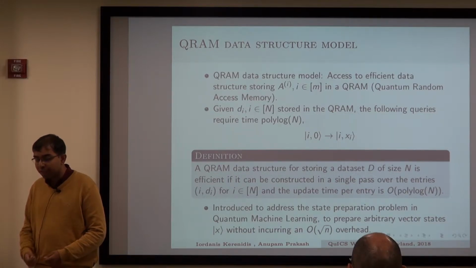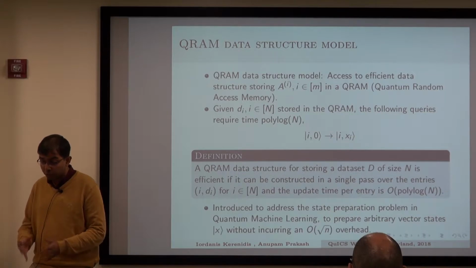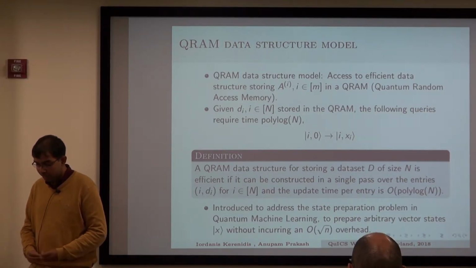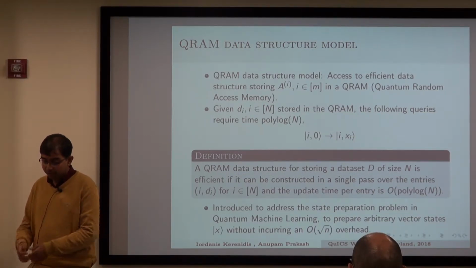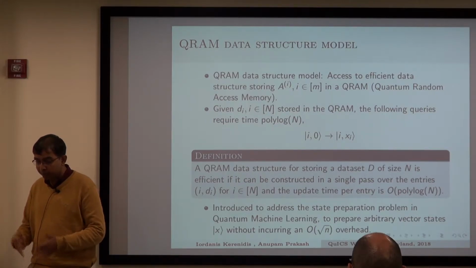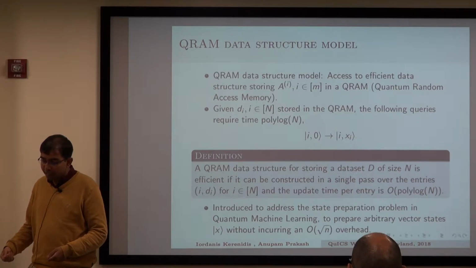So for the QRAM data structure model, we assume that we have access to an efficient data structure. I'm going to define what efficient means in a bit. Storing the matrices A_i in a quantum random access memory. So quantum random access memory is a device which allows the following queries in time polylog n.